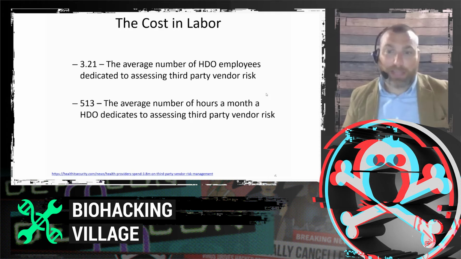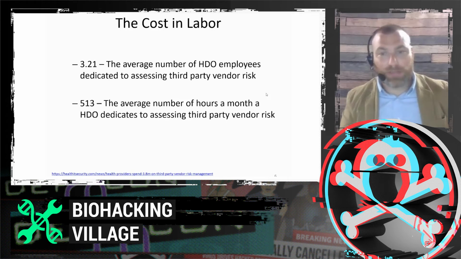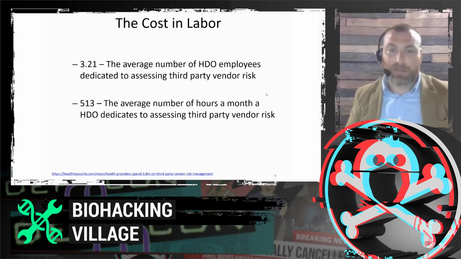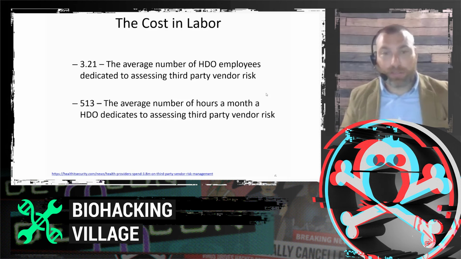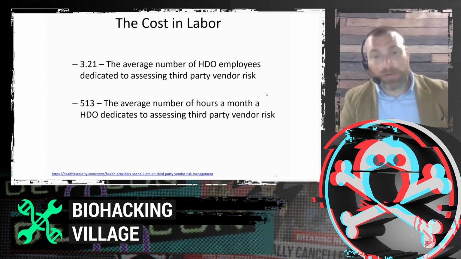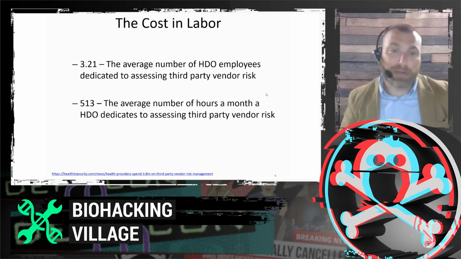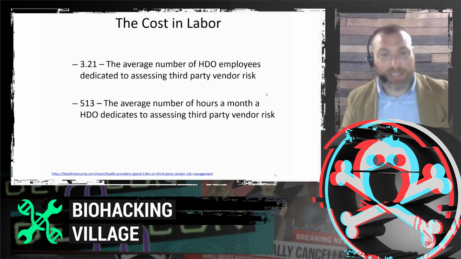What is the cost in labor? Again, this course kind of focuses on smaller hospitals, but those larger HDOs, health delivery organizations, how much time are they spending assessing this risk? Well, the average hospital or HDO has about 3.21 employees, so over 3 on average, solely dedicated to just assessing third-party risk.